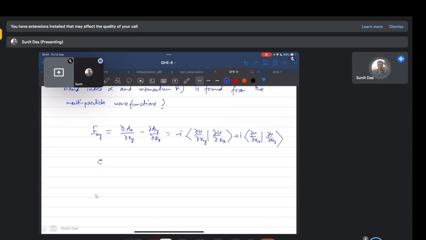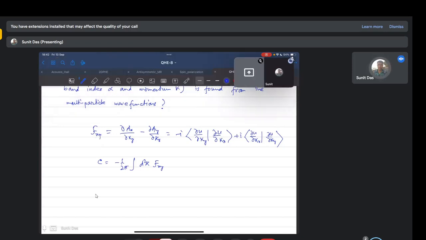And then the Chern number was minus 1 by 2π, closed integral d²k F_xy. So these are written in terms of, let's say, single particle wave functions. u is the wave function or wave vector, and its derivative is associated with some field kind of thing, which in anomalous Hall conductivity, or in this context, we call the Berry curvature. F_xy is nothing but the Berry curvature.